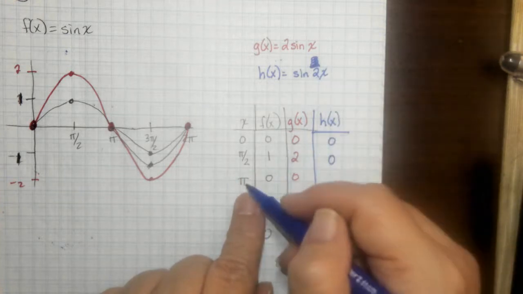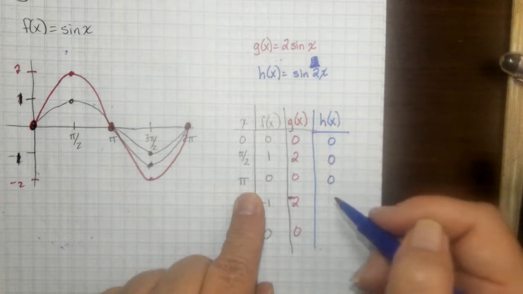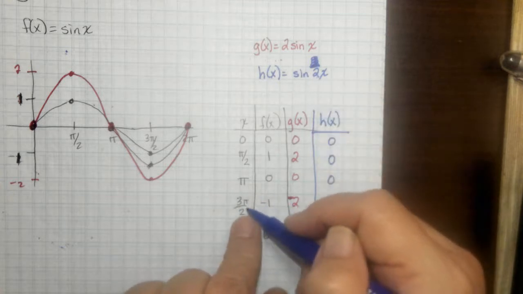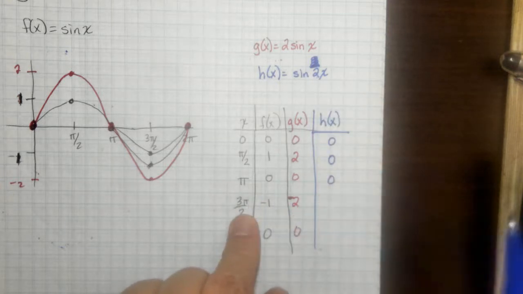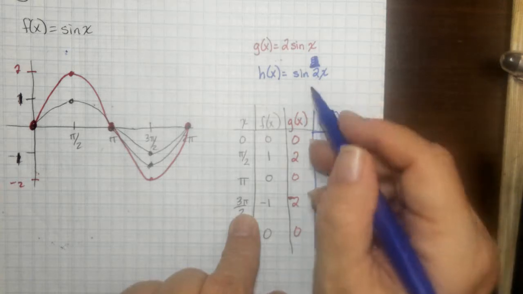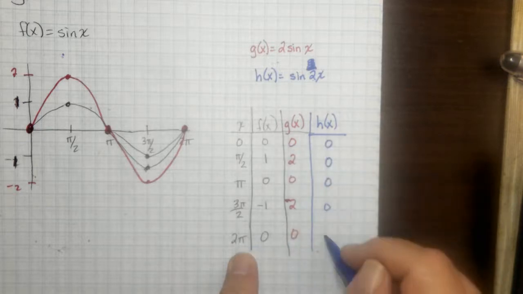And 2 times pi is 2 pi, and the sine of 2 pi is 0. And 2 times 3 pi over 2 is 3 pi. Well, the sine of 3 pi is 0. And 2 times 2 pi is 4 pi, and the sine of 4 pi is 0.